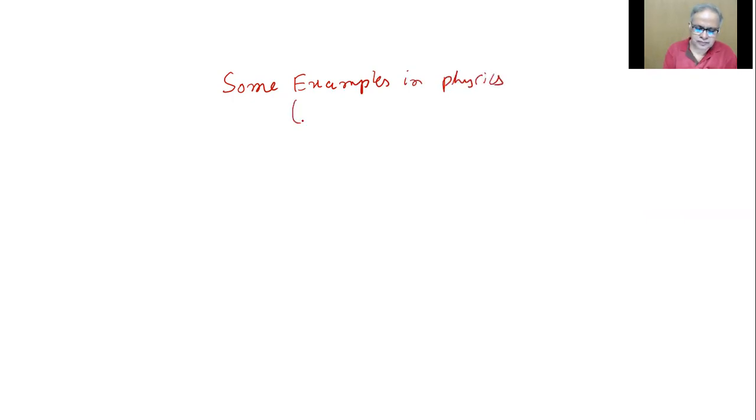For whom? Cross product. Yes, for cross product. See, the most famous example is the torque.